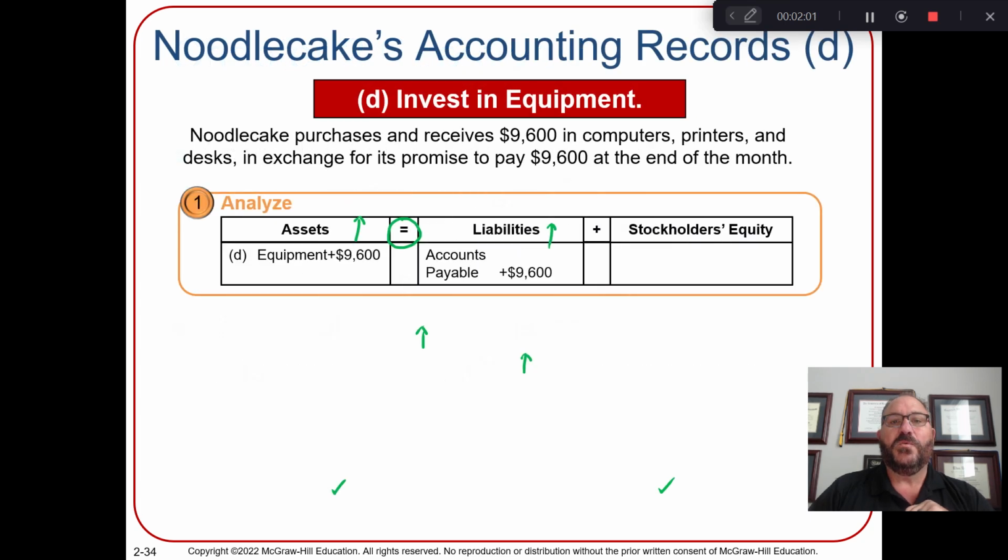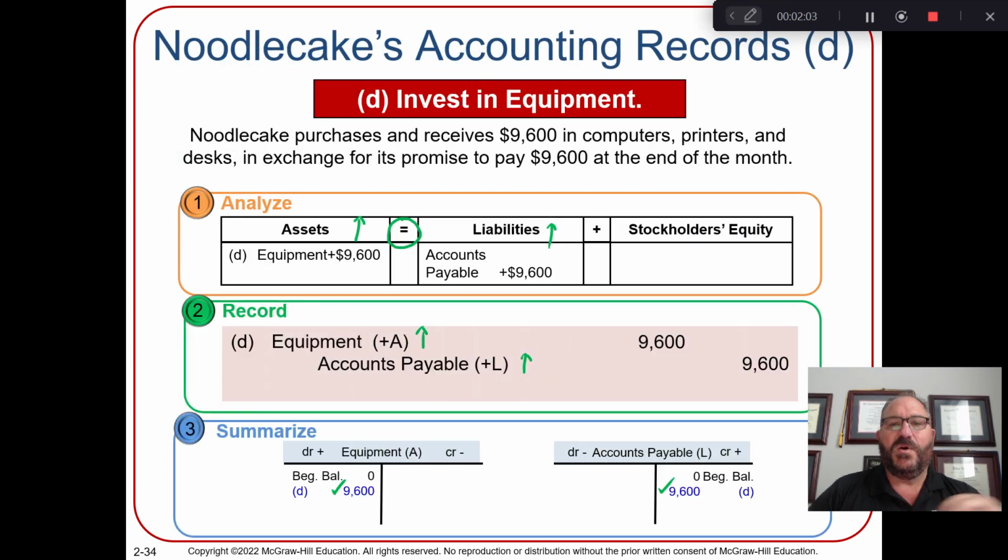All right, next, we're going to buy some equipment. Remember that equipment we bought, $9,600? We're going to pay them at the end of the month. So our equipment is increasing. That's an asset. Accounts payable is increasing. It's a liability. Equipment is an asset and increases with a debit. There's your debit.